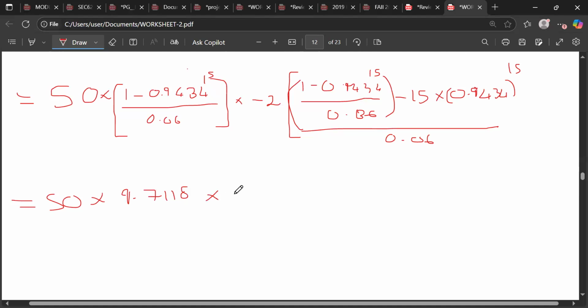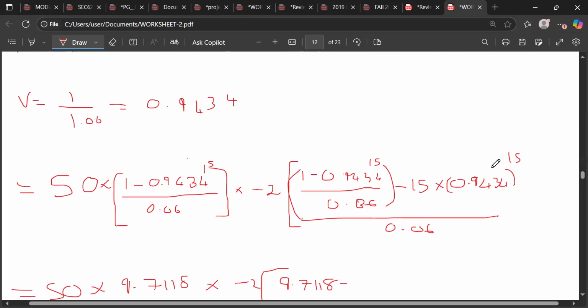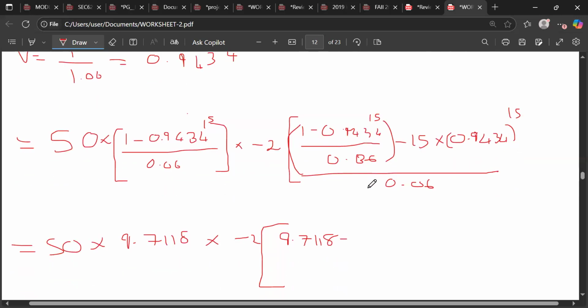Then times -2 by 9.7118 minus this side now. So saying 0.9434 to the power 15, then 15 times 15 times 15, giving us 6.2594 here.